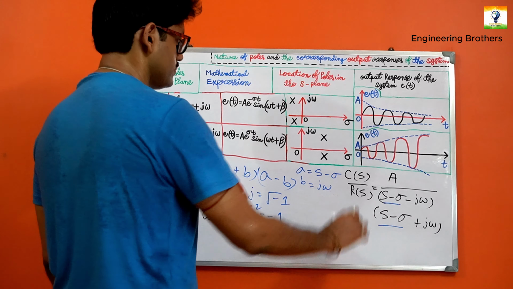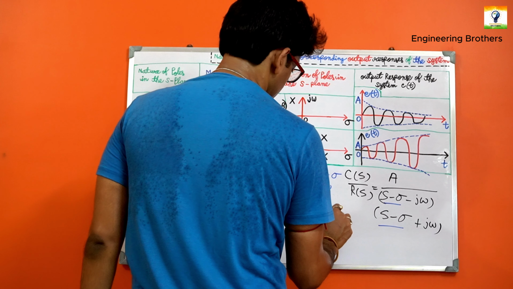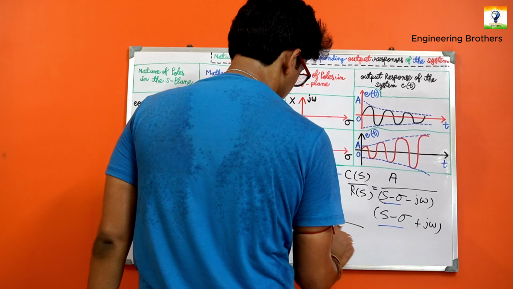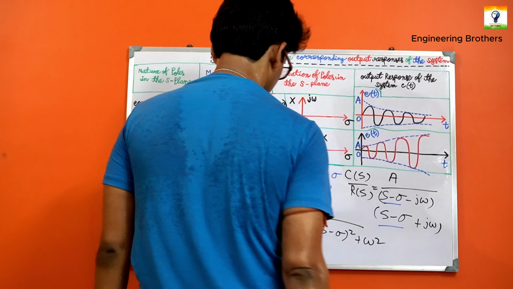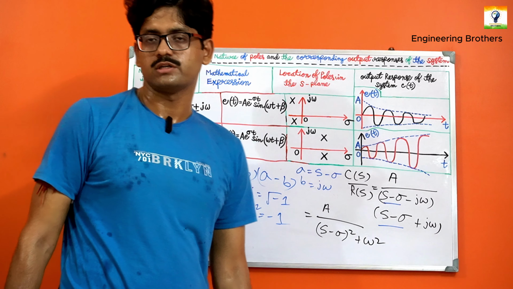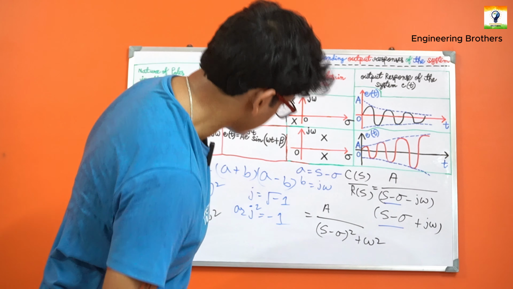Now at this place we are going to consider A divided by s minus sigma squared plus omega squared. This will be our consideration, and how I get to that point I have already explained earlier.